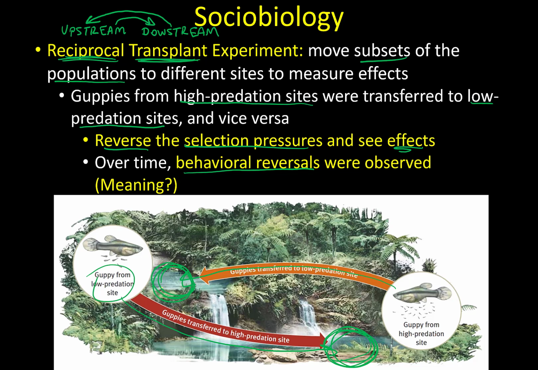They changed. You saw behavioral changes to match the environmental pressures, which makes sense, right? If they couldn't adapt to these new environmental stressors, they would just die out. But this is evidence that social behaviors are subject to evolution, and they're subject to pressure from the environment shaping their evolutionary trajectory.